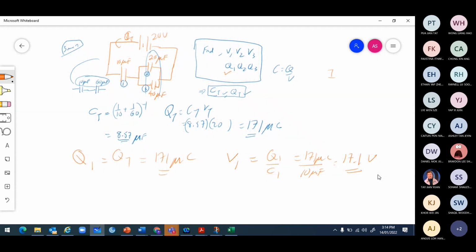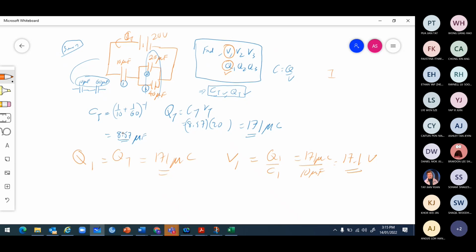So we got V1 and Q1. Next, what can we find? It's like a circuit again, analogous to resistance. Kirchhoff's first law also applies: the total EMF equals the total potential drop across the capacitors. In one closed loop, the voltage across all the capacitors is the same as 20 volt.